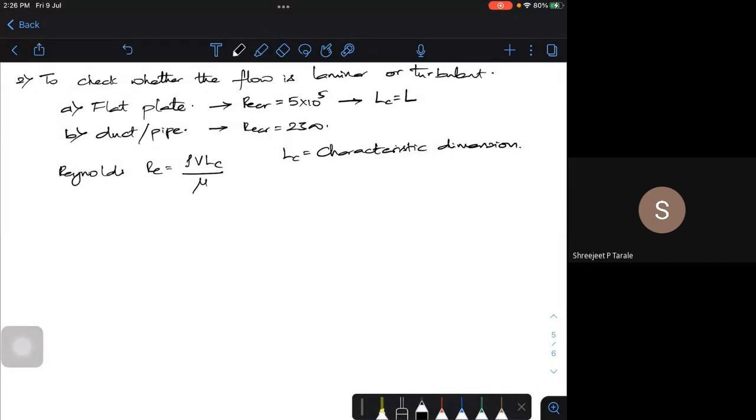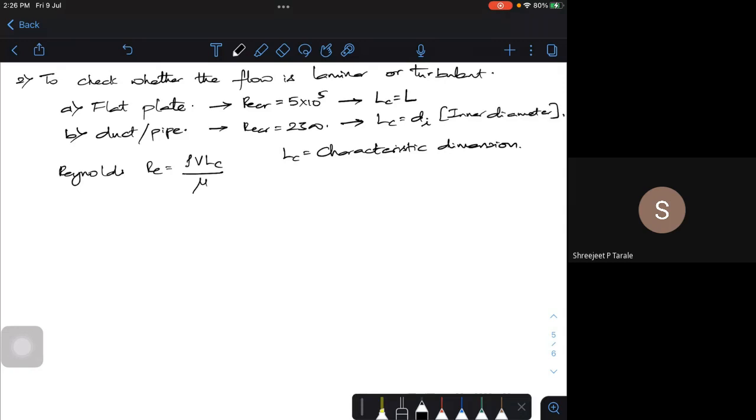It can be a local length, or it can be the total length. But in case of a duct or something, this LC will be the inner diameter. Inner diameter. You have to be very careful here. It is the inner diameter you have to consider.